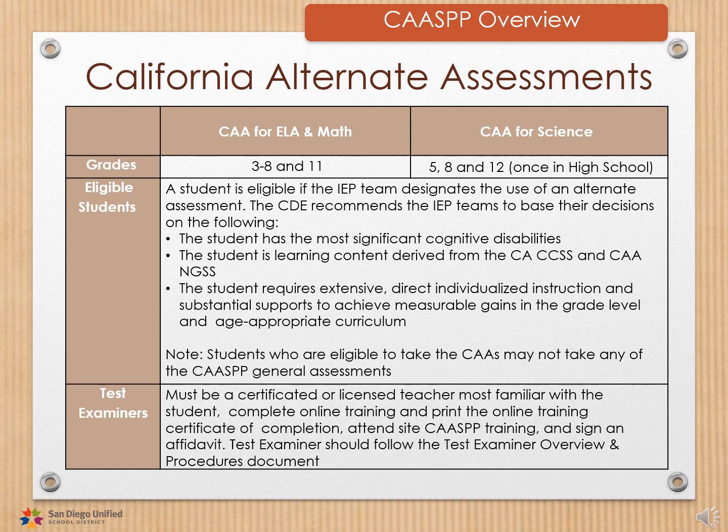The student has the most significant cognitive disabilities. The student is learning content derived from the Common Core State Standards and the California Next Generation Science Standards. And the student requires extensive, direct, individualized instruction and substantial supports to achieve measurable gains in the grade level and age-appropriate curriculum.